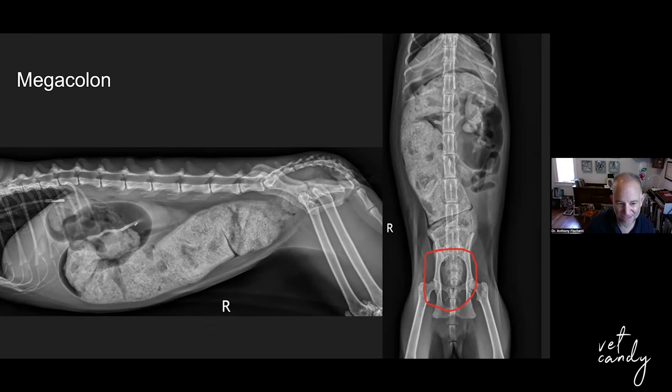These kidneys are maybe on the lower limits of normal for size. This kidney, I think, is the left kidney here, and there might be a stone in there. So what I would like to do is look at the serum biochemistry and see if this animal has chronic kidney disease as his reason for developing chronic constipation and subsequent megacolon. Okay, pretty common in cats that we see in New York City.